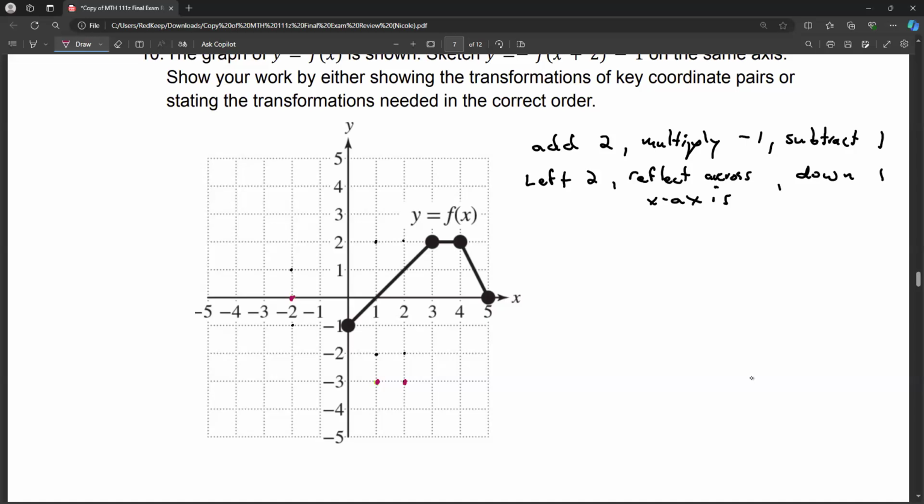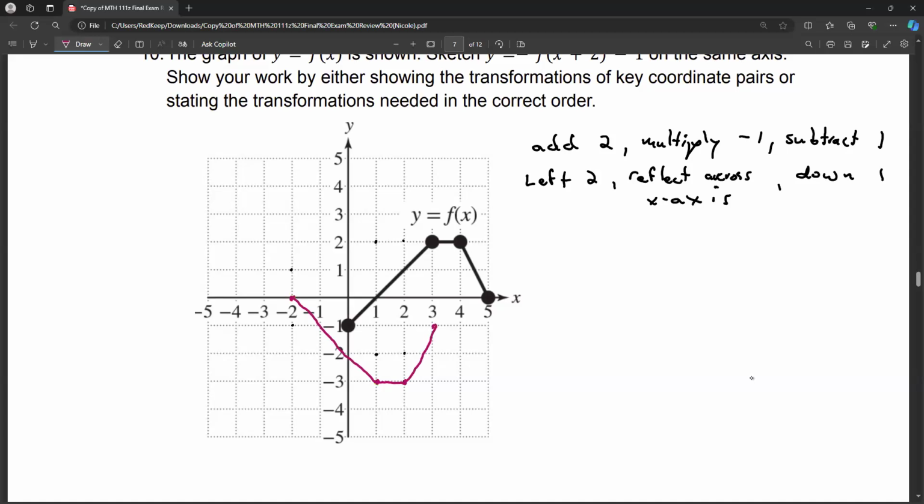Left 2, reflecting across the x-axis keeps it on the x-axis, and then down 1. So we have our point here. And now we can connect these dots. I'll do my best to draw a straight line connecting these dots. And we see our final result.